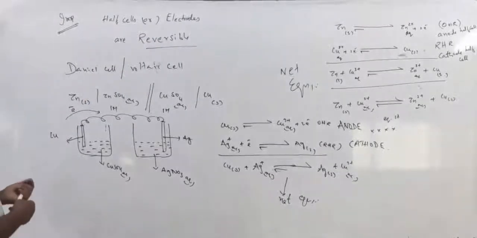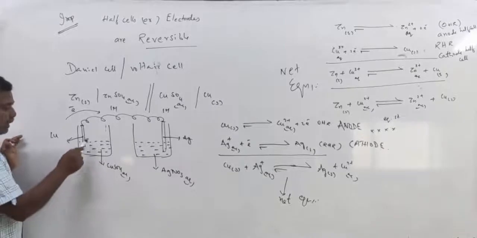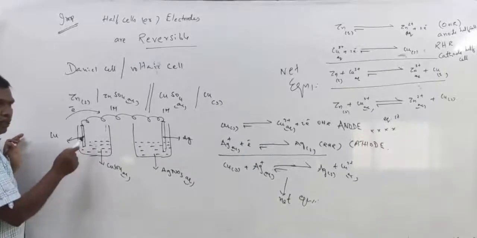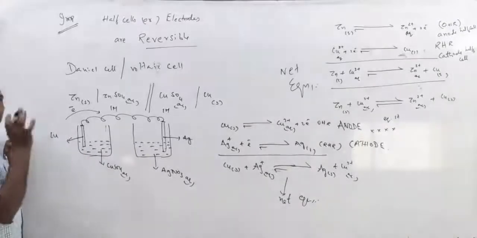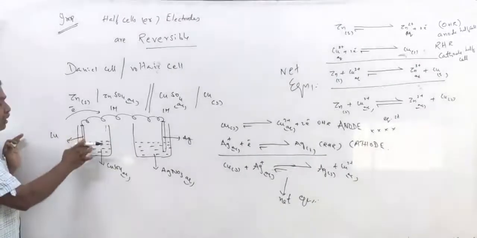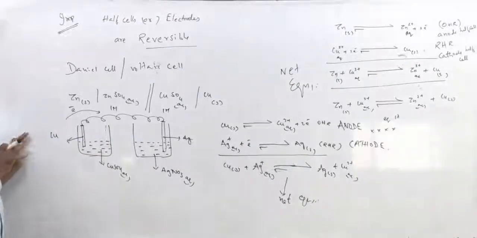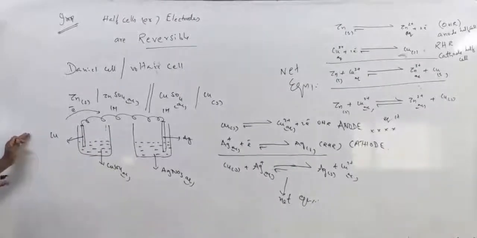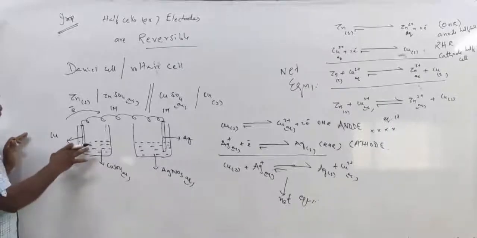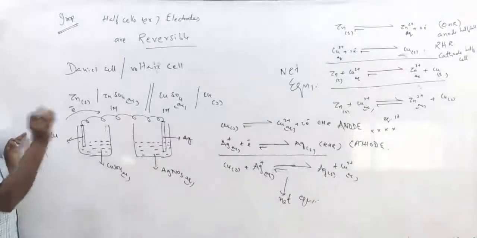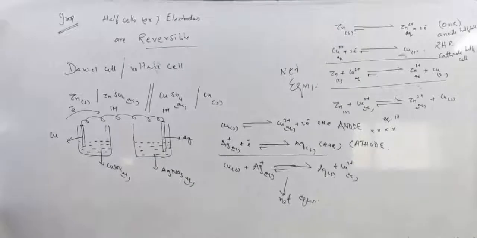See, whenever an element is in contact with its own ions, then a potential is developed between the two phases. Then the potential is said to be the electrode potential.